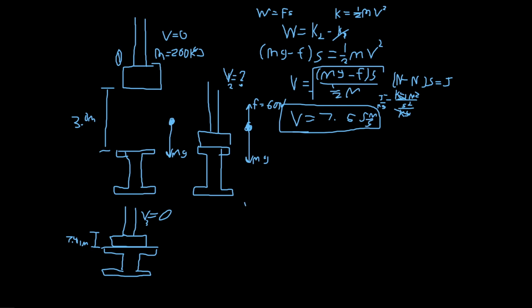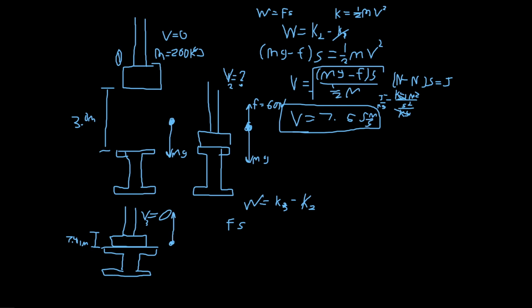Let's go back to the work energy theorem. We use the work equals the final kinetic energy of case 3 minus the kinetic energy of case 2. So we're going to set the work equal to force times displacement. We know the displacement, which is 7.4 centimeters.